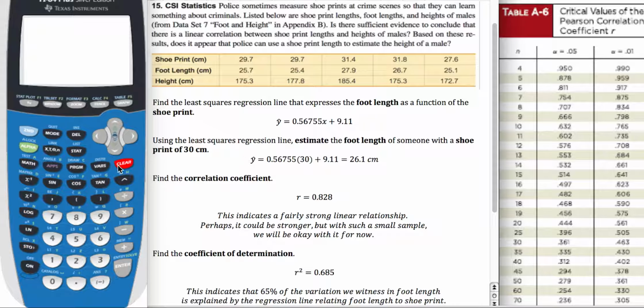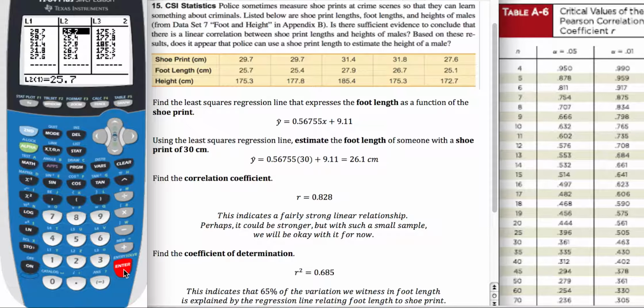If we go and enter the data, we press Stat and Edit. You'll notice I've already entered in L1 and L2 the shoe print and the foot length, both measured in centimeters.